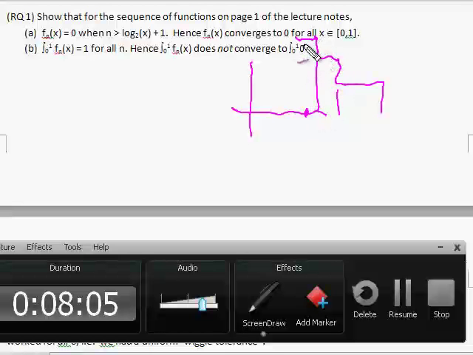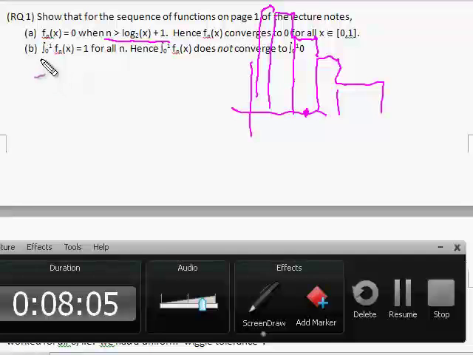It's going to hit that x, and for only one of the fn's is fn of x going to be equal to 0. Then as n increases, basically the peak of the function sweeps past and passes by the x, getting closer and closer to 0. So that's kind of how it's working. So that's why this is true, why fn of x is 0 when n is bigger than log 2 of x plus 1. So see if you can prove that.